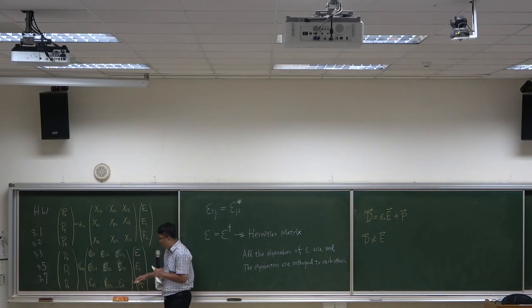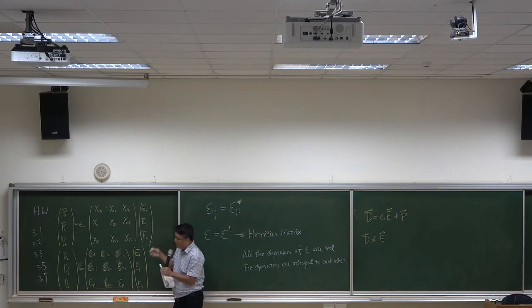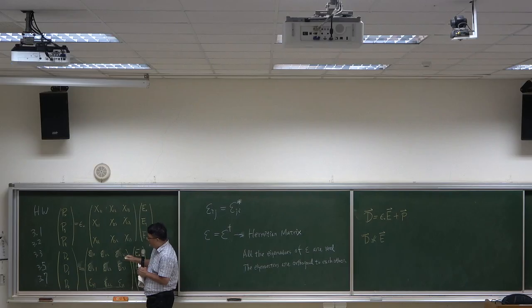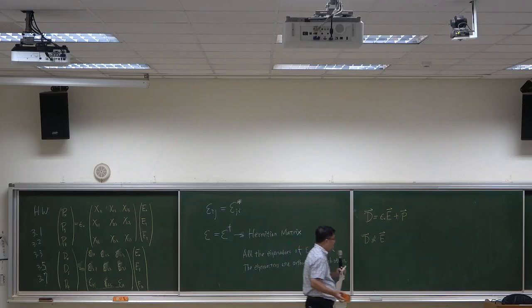We also will change the 3 components of D vector. And at the same time, the whole matrix elements will be changed according to certain rule. What is the rule? I can show you the rule.